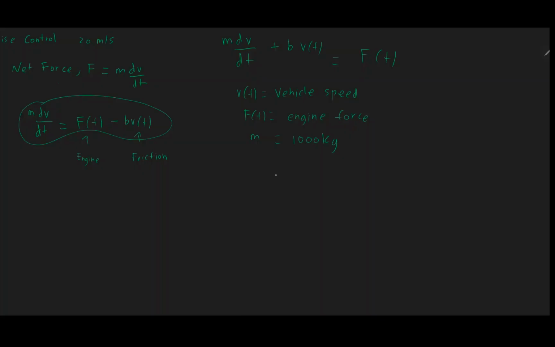We have the road friction called b, and this will be 50 Newton second per meter. And then we also have our initial condition, and for this particular example it will be a velocity of 0.